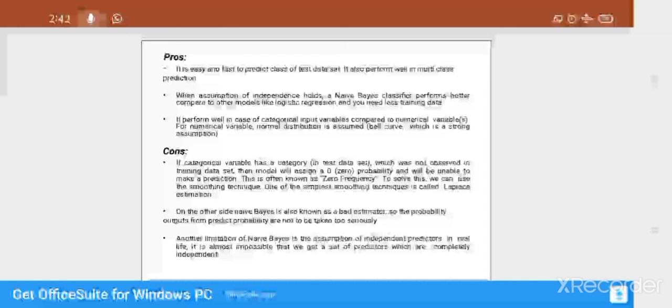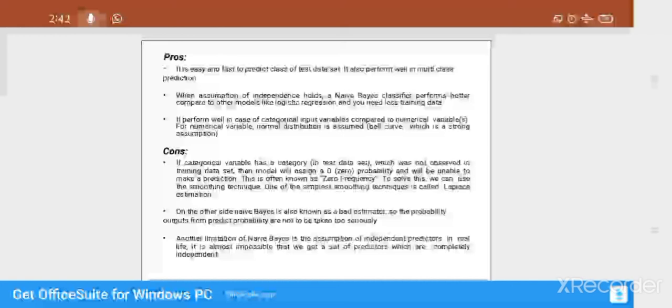If the categorical variable has a category which is present in the test data set but not present in the training data set, it will give that category 0 frequency. This can be solved by using a smoothing technique. One of the best smoothing techniques that can be used is the Laplace estimation.